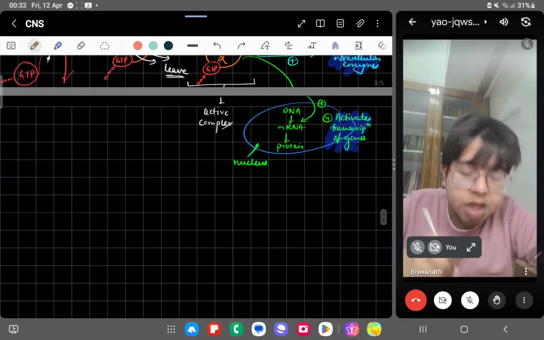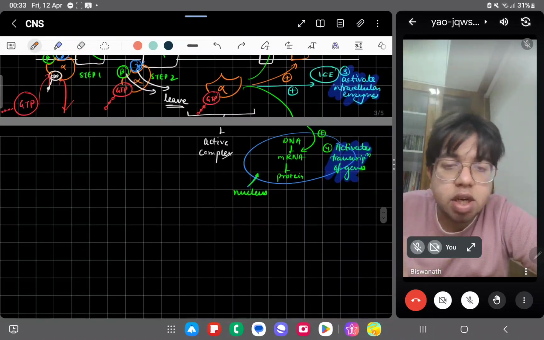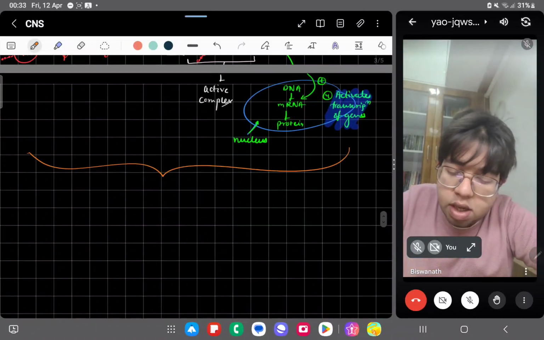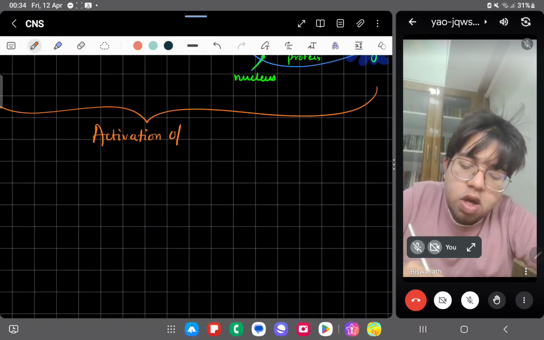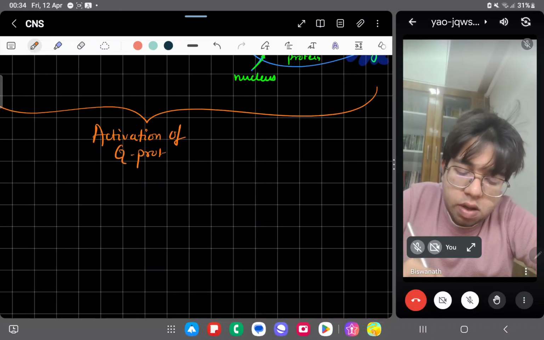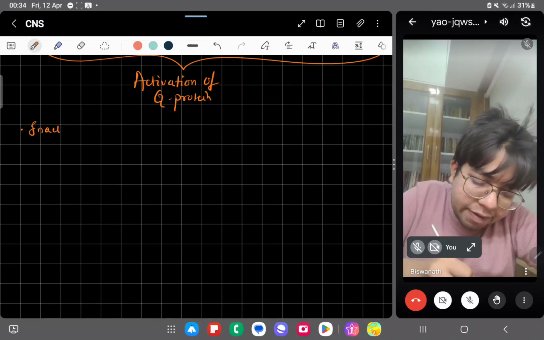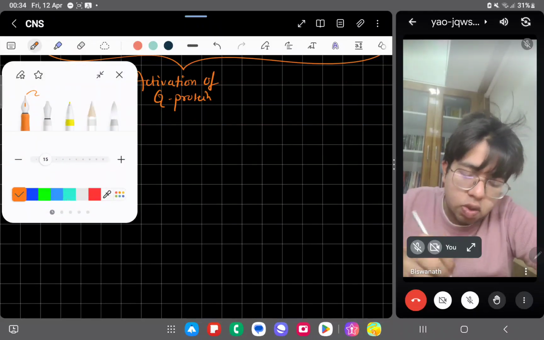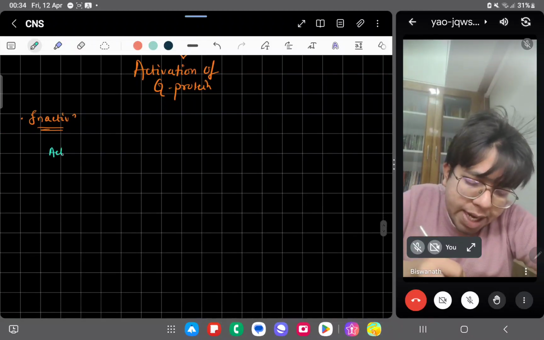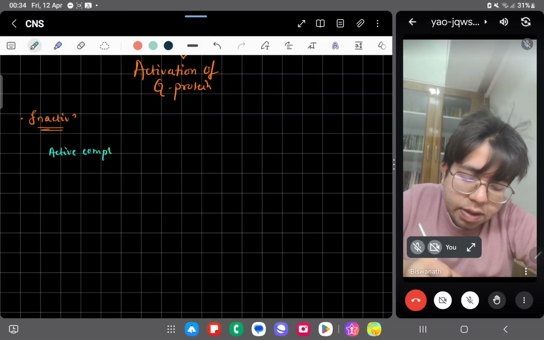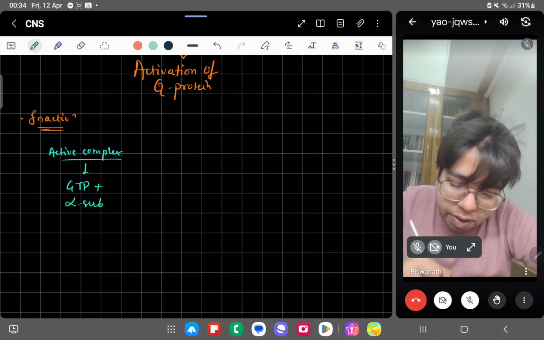And lastly, the last point is how this G protein is inactivated. This is the activation of G protein. Lastly, we have a note about inactivation. How is it inactivated? The active complex had a GTP plus your alpha subunit.